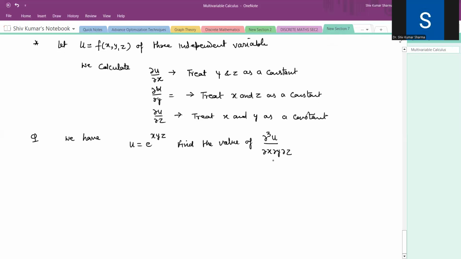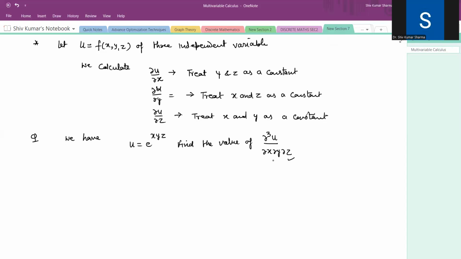So basically we start with ∂u/∂z. First we start with ∂u/∂z, then we take the derivative of ∂u/∂z with respect to y, and then we have to calculate this one. So we take the derivative of that function with respect to x.